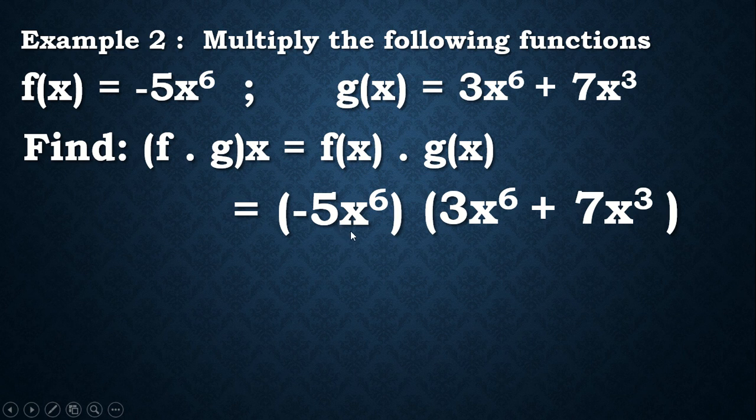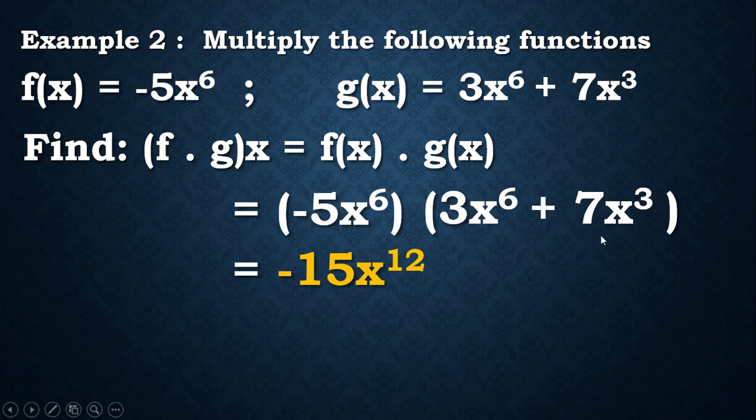And then we have to multiply negative 5x to the 6th by 3x to the 6th. 5 times 3, 15. Negative times positive, that is negative. And then we have to add 6 plus 6, their exponents, and we come up with negative 15x to the 12th. And then we have to multiply negative 5x to the 6th by 7x cubed. 5 times 7, 35.